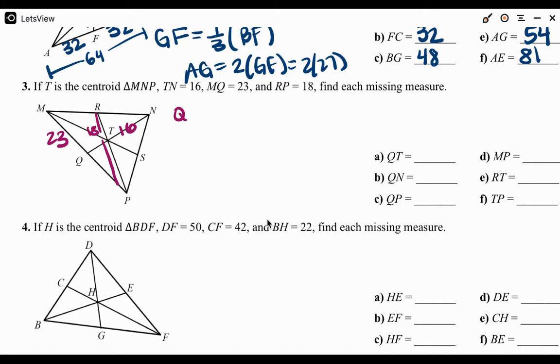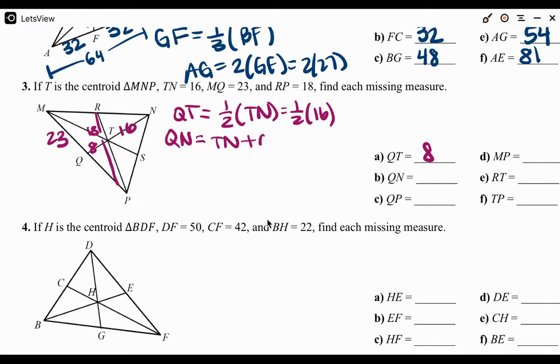So for QT, so if this one is 16, this is going to be half of our 16. So half of TN. So half of 16 is 8. And then QN is equal to TN plus QT. So 8 plus 16 gives us 24.